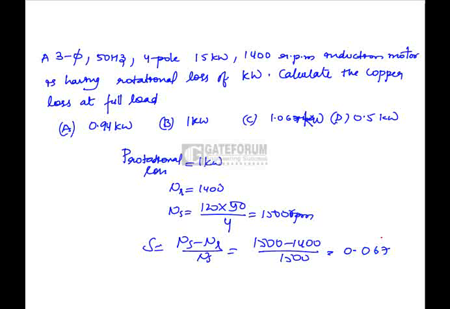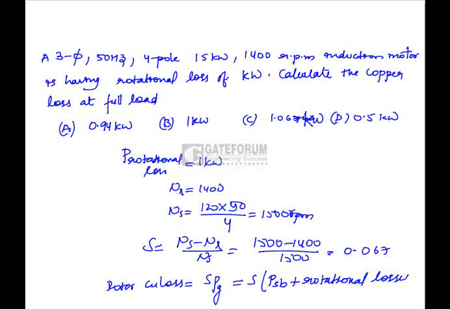0.067. Now we have to find rotor copper losses at full load. Rotor copper losses is equal to S times the air gap power PG, which is equal to PSH plus rotational losses.